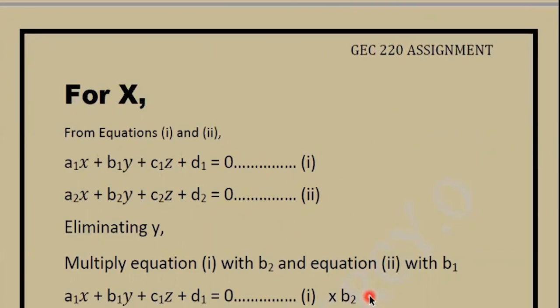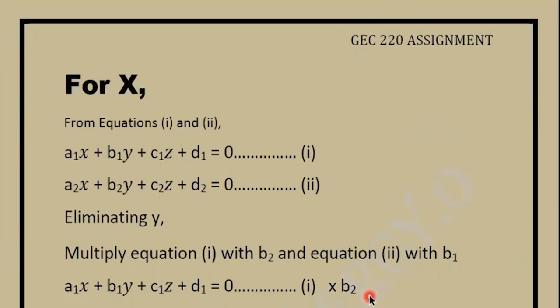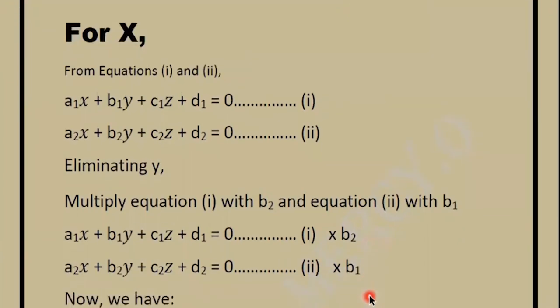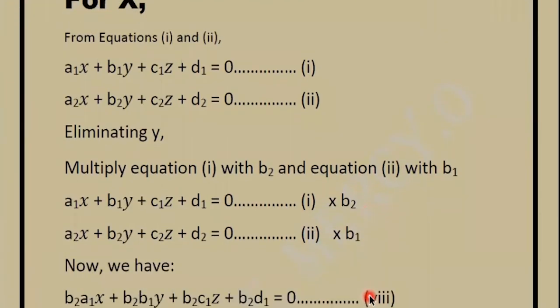Now we want to get x, so we eliminate y. So now, as usual, we multiply the equations by the coefficients, and then we have this.